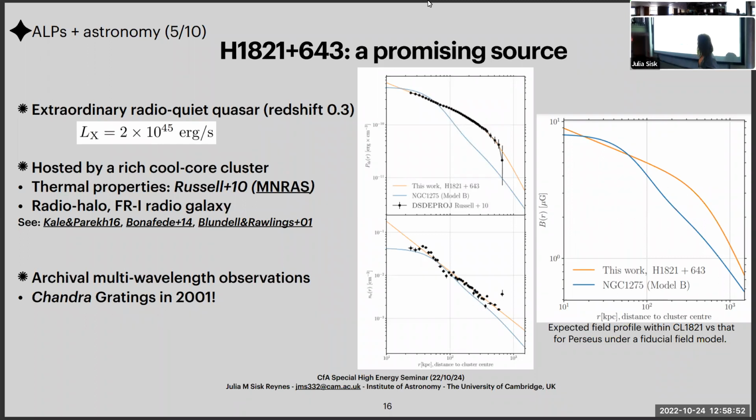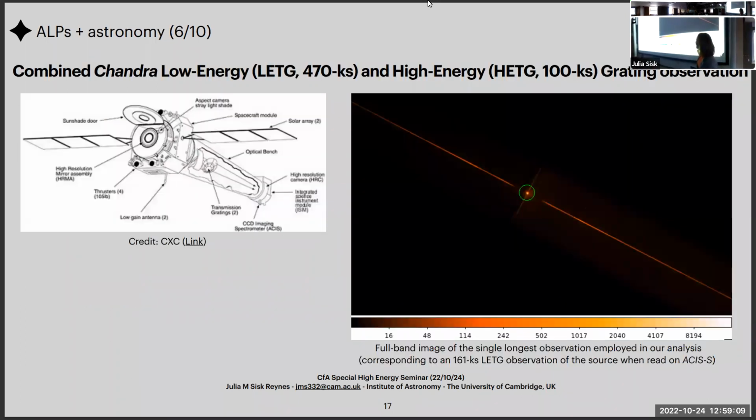And this was a particularly promising source because there had been Chandra observations in 2001 taken with its energy gratings that were able to probe these particles, as I will explain now. So for anyone who's not too familiar with Chandra, this is a schematic of the telescope, and this is where the transmission grating arrays that we use are located.